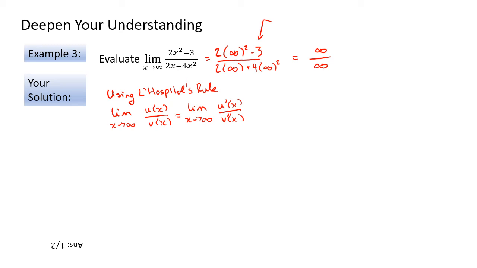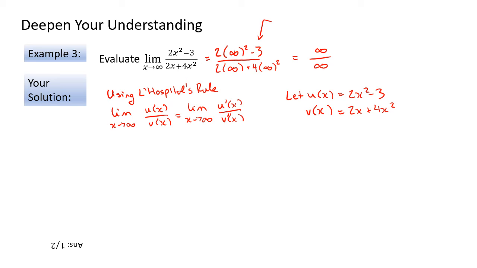Okay? So everything in the numerator, you let u of x be equal to 2x squared minus 3. V of x is equal to 2x plus 4x squared, everything in the denominator.